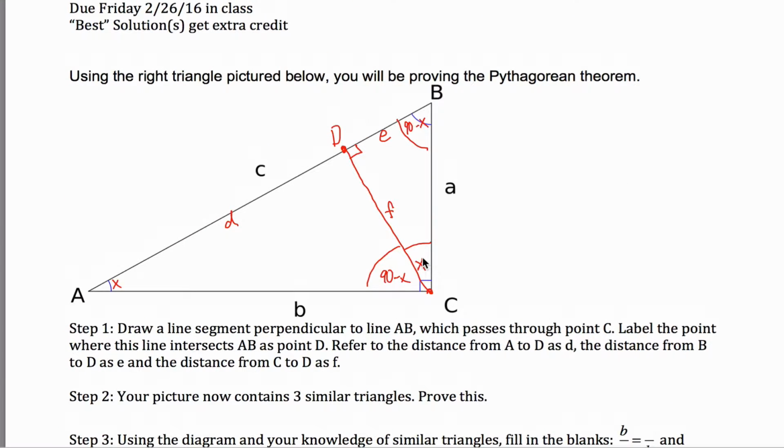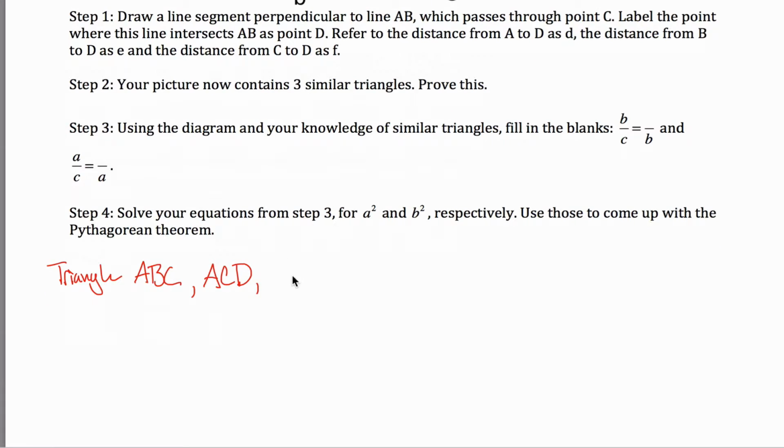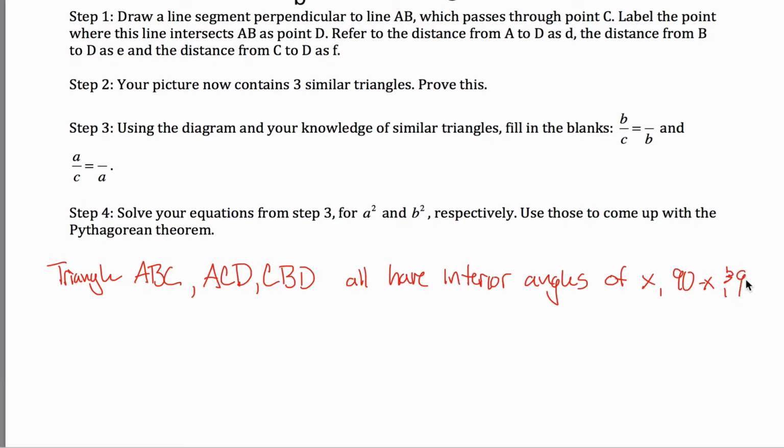And I want to go from x to 90 minus x to the right angle, I could say CBD. They all have interior angles of x, 90 minus x, and 90 respectively. So they are similar.